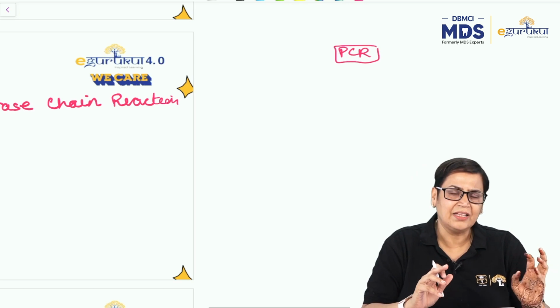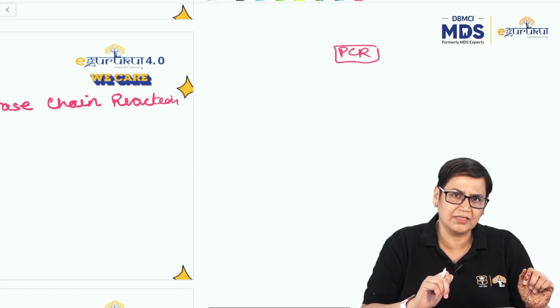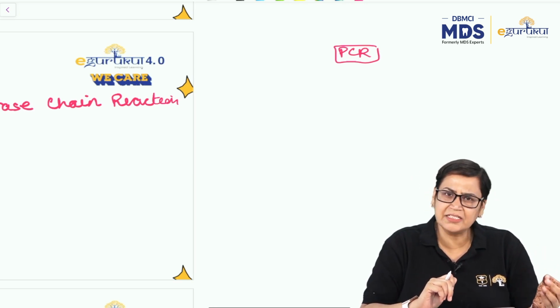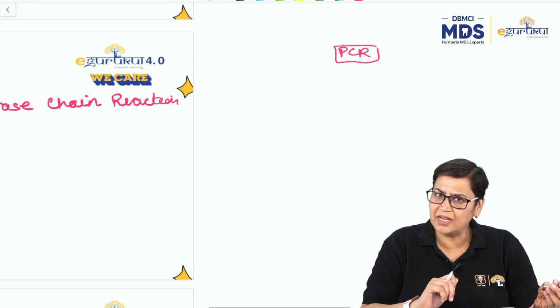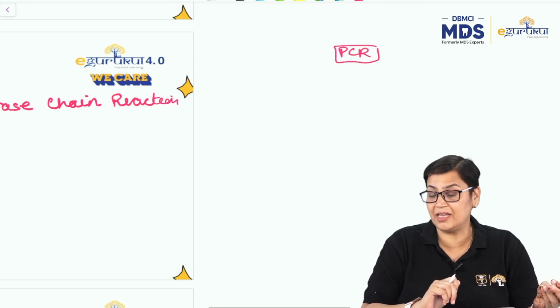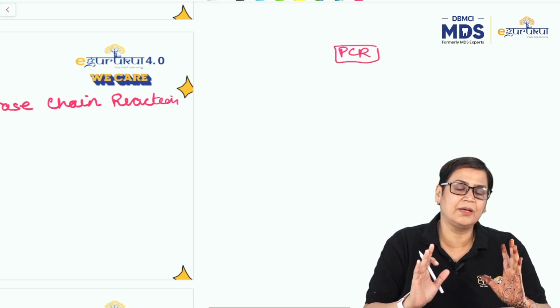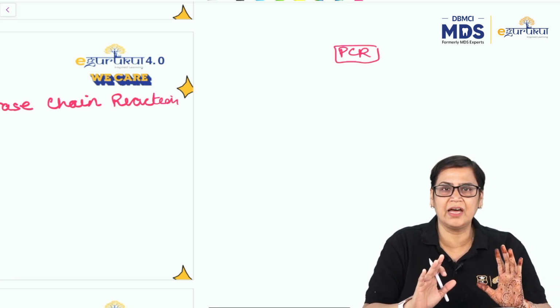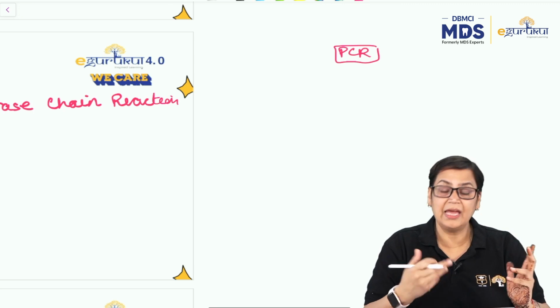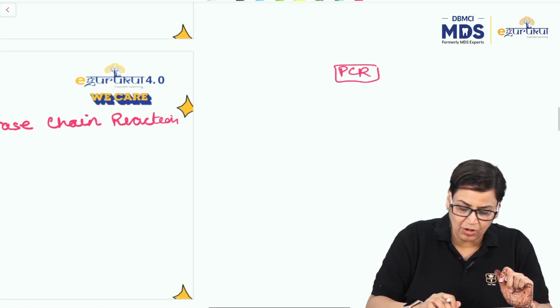Because if we see, there are so many types of PCRs. RT-PCR is there, nested PCR is there, anchored PCR is there, fluorescent PCR is there. But the basis, the prerequisites of PCR remain the same. And how do we define it?